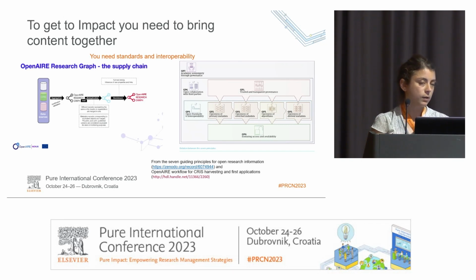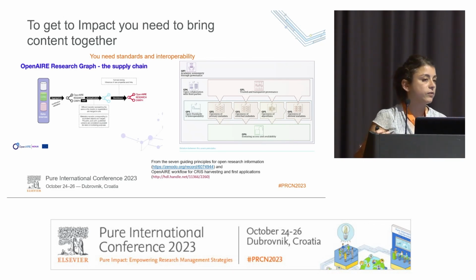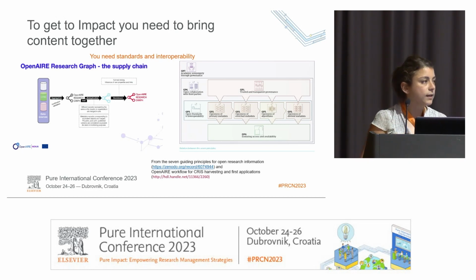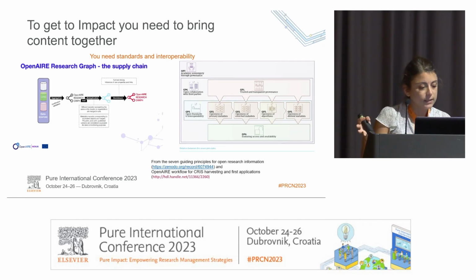What you see on the left is an OpenAIRE research graph. Without going into detail through the graph, what they show is the importance of aggregating the data, deduplicating the data, and then enriching it with other content or with other links that you add. What you see on the right is instead a diagram that shows the needs for standards and metadata.